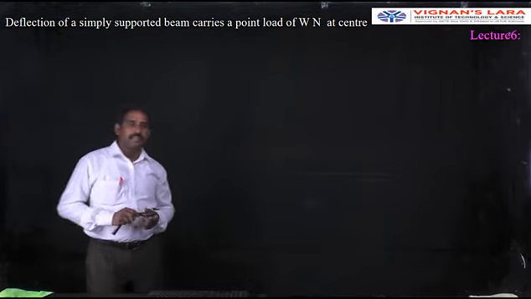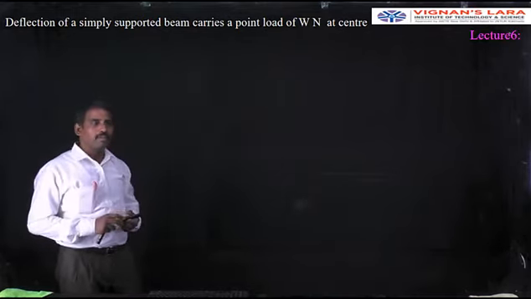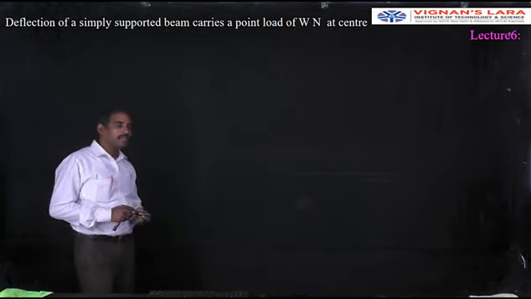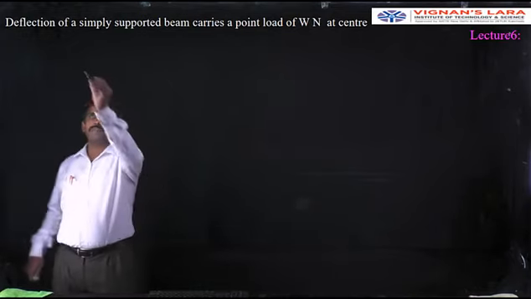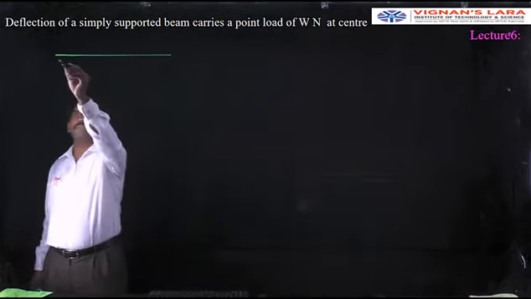Let us consider the deflection of a simply supported beam that carries a point load of W Newton at center. As per the given information, this is a simply supported beam.